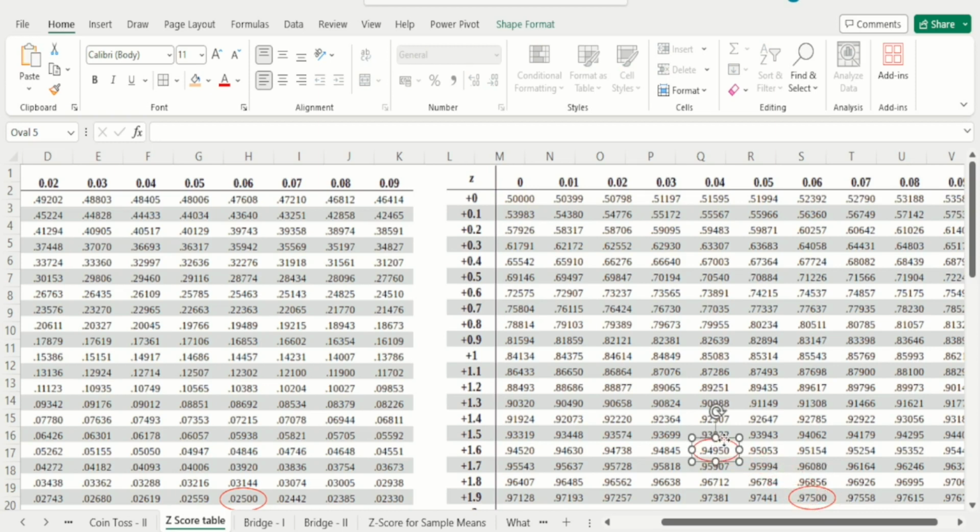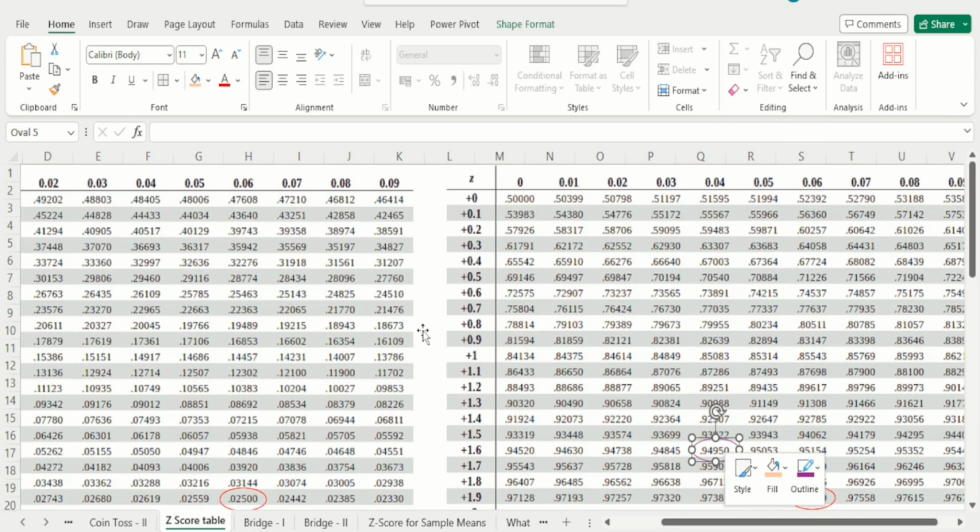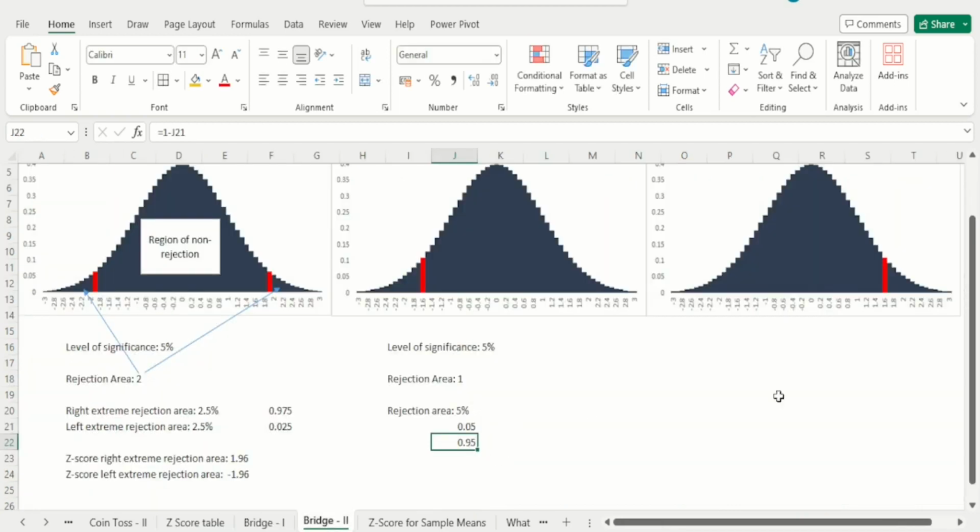Let's select a purple outline. The point that we've just circled in purple represents this rejection area that you have on the right. So this 0.95 is represented by this rejection area on the right.